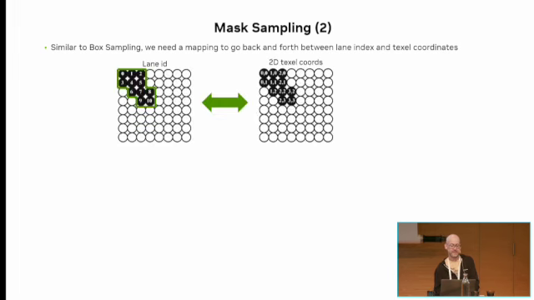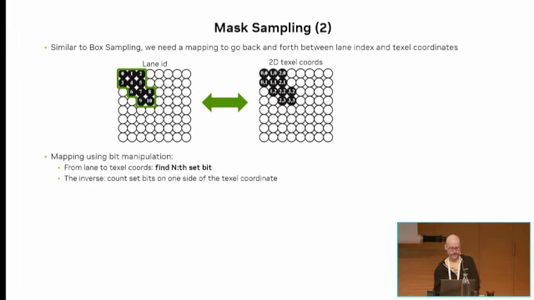Similar to box sampling, we need a mapping to go back and forth between the lane index and texel coordinates. And so we enumerate only the lanes whose corresponding texels we need, and those are the ones inside the green area. This mapping function is a little bit more complex.